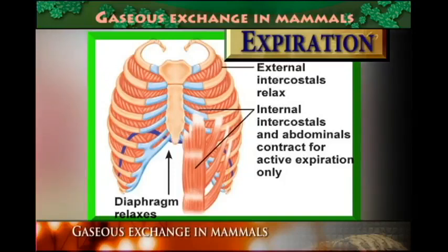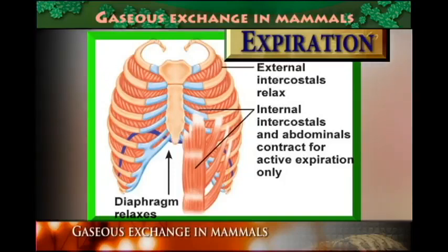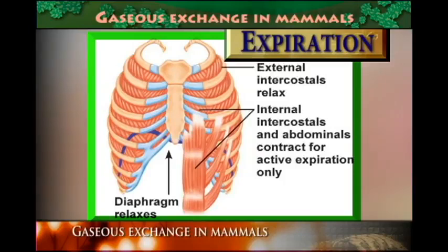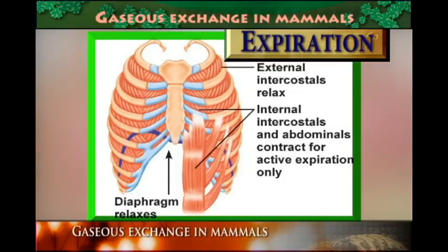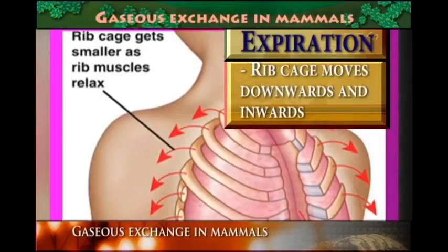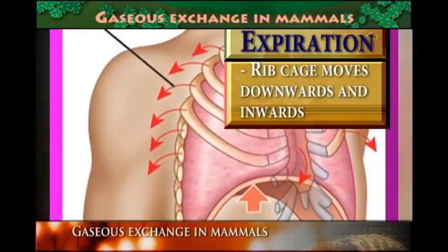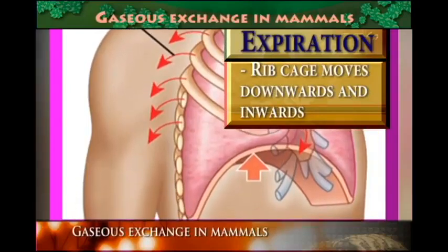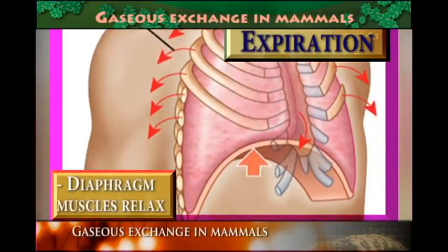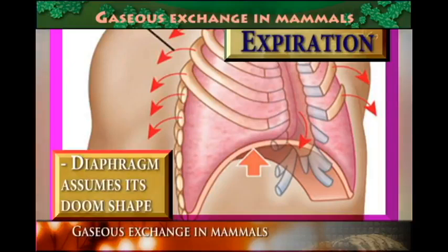Now, when we look at the expiration, it is the opposite of inspiration. This time, the internal intercostal muscles will contract and the external intercostal muscles will relax. In the process, the rib cage is going to move downwards and inwards, and the diaphragm muscles are going to relax such that the diaphragm regains its dome shape.